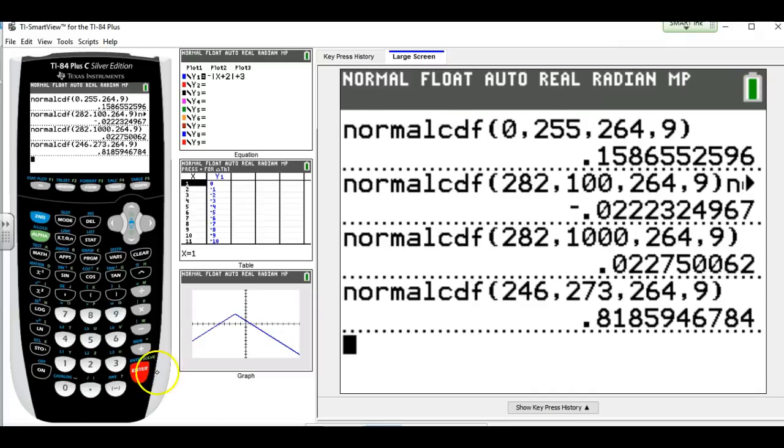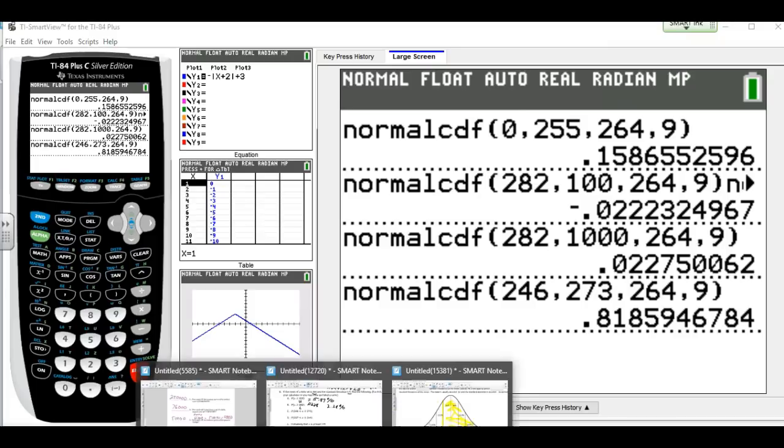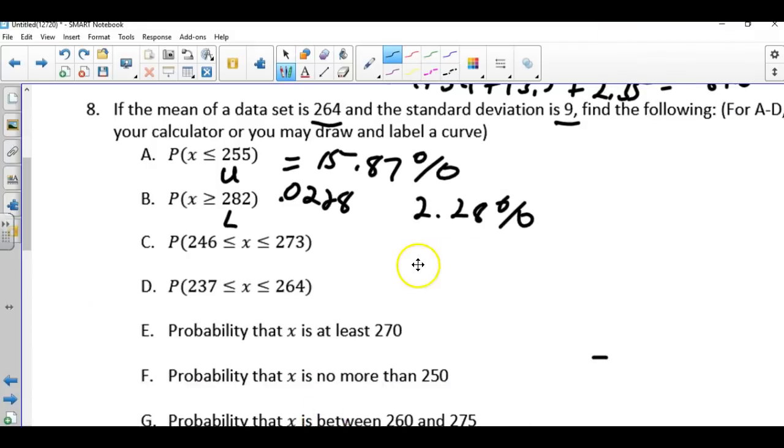We get 0.81859, which means we round that 5 up to 6. So again, we get 0.8186, or you could say 81.86%.